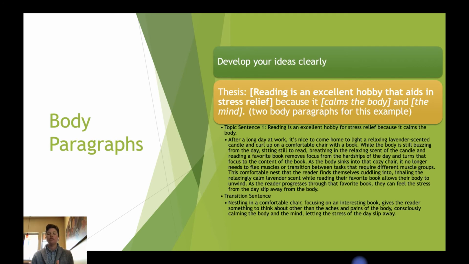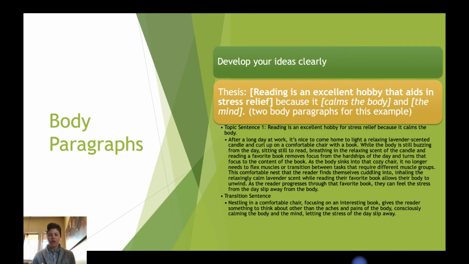That's where we bring in the mind. So when the reader sees the next topic sentence, which could very well be reading is an excellent hobby for stress relief because it calms the mind, they go, okay, we just talked about calming the body, now we're talking about calming the mind, and we've got that link in the last sentence of your body paragraph.